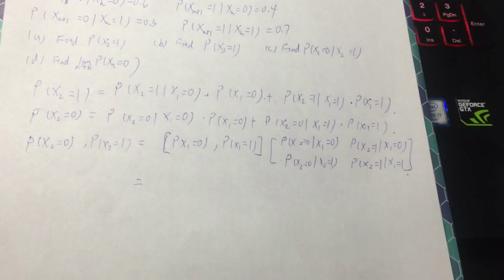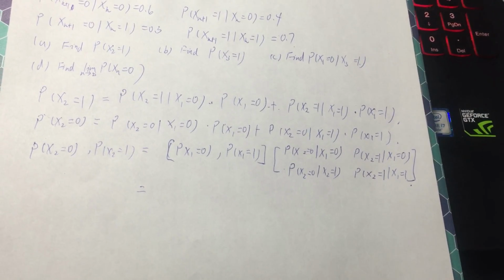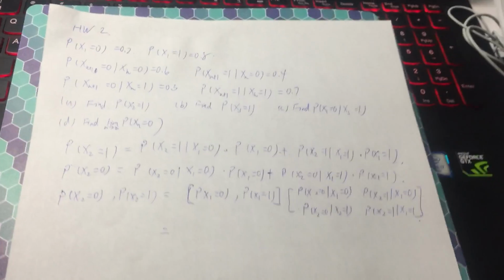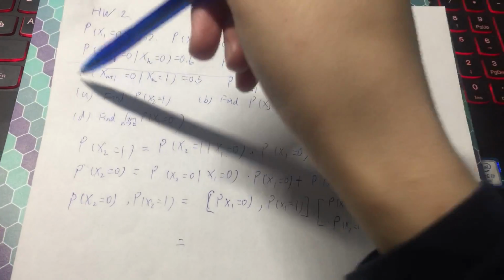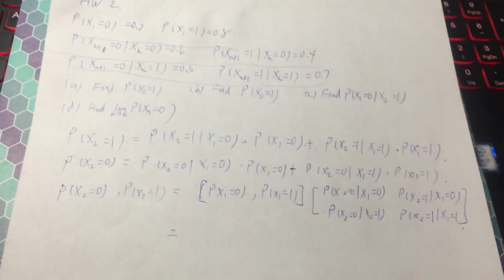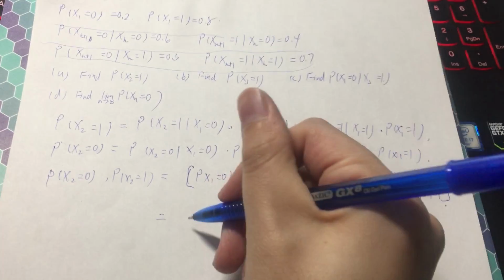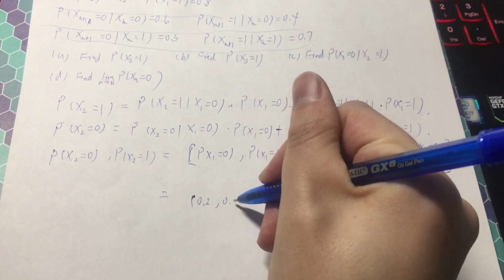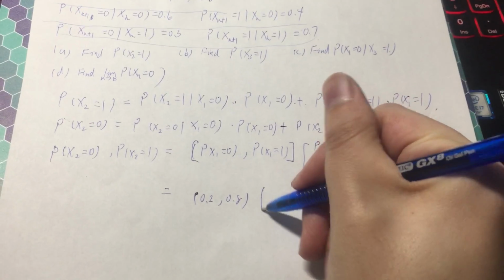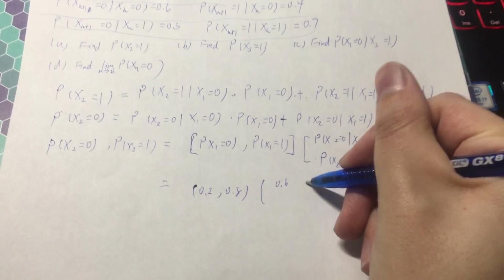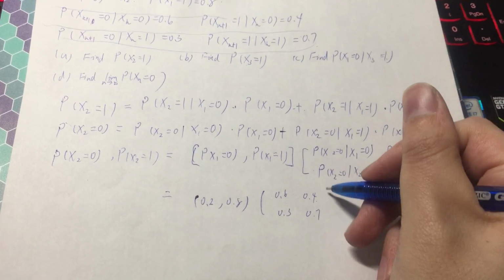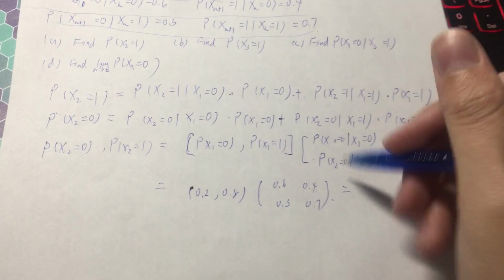And we can obtain the numbers from above. So we can write it in short as 0.2, 0.8, 0.6, 0.4, 0.3, 0.7. And we can calculate the matrix.